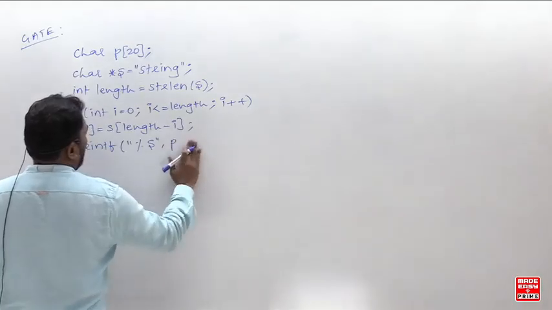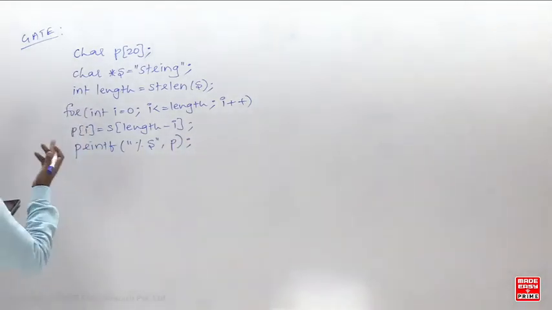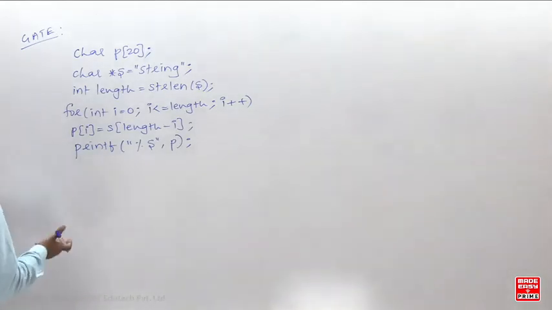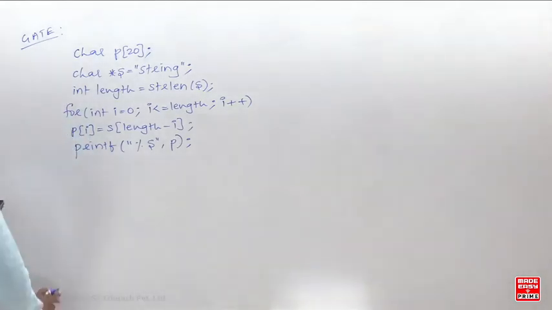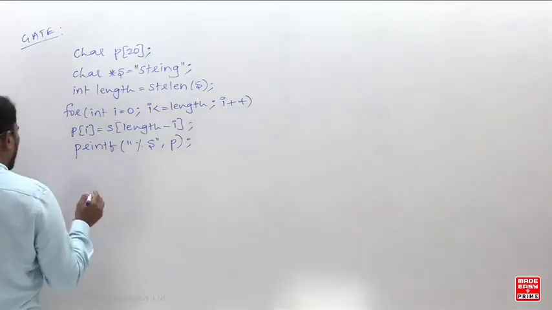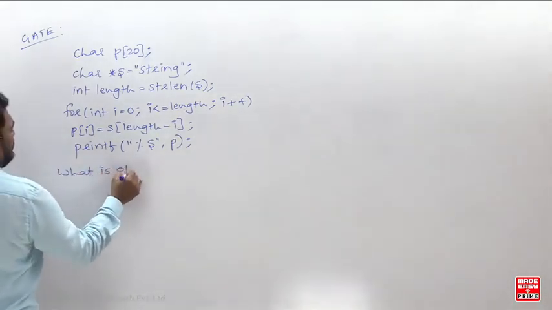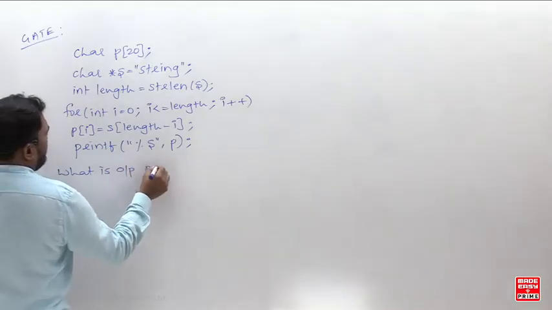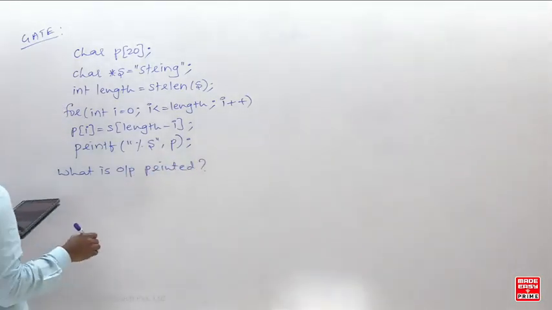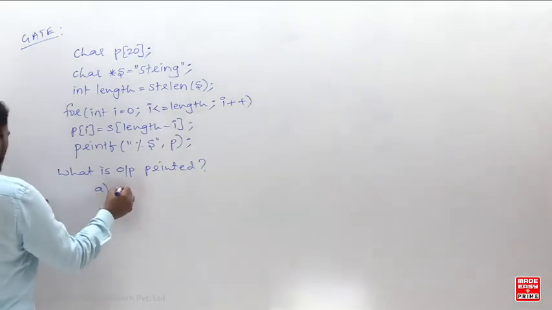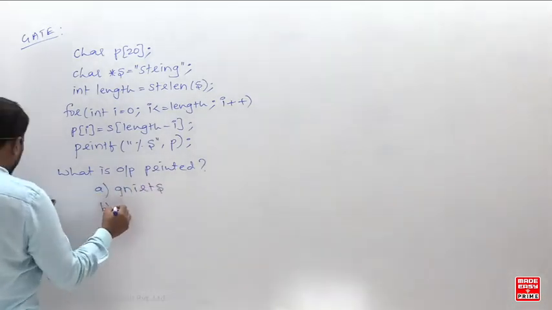So don't worry about the syntactical mistakes. Somebody may be thinking, sir, there is no main in the function, there is no opening bracket, there is no closing bracket. Just understand it is a kind of pseudocode. Meaningfully, understand what output is printed. So don't worry about main, open bracket and all that. What is the output that is printed? Think carefully and give the answer. I have explained everything to you.